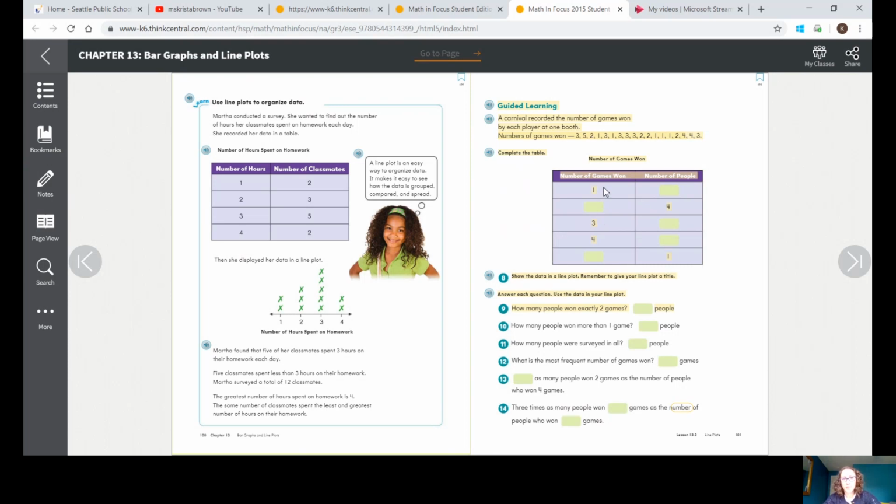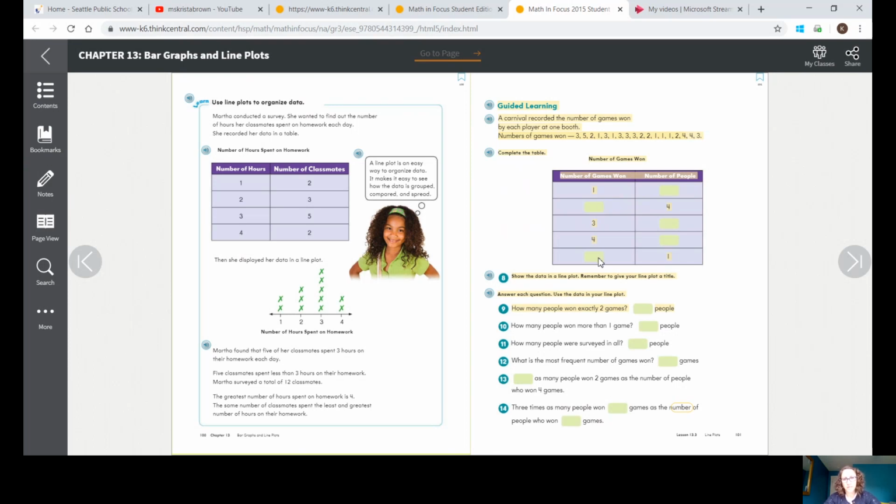Let's see, number of games won for number 1. Hopefully you counted that there is 5 there. There would be a 2 there, number of games won. And down here for a number of games won, that would be 5 because we're going 1, 2, 3, 4, 5.